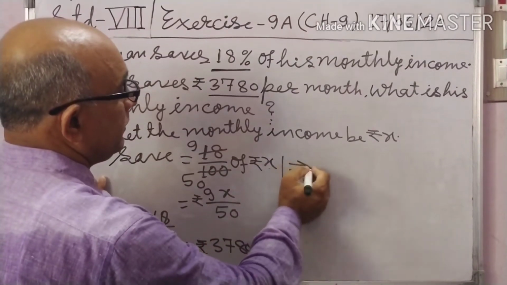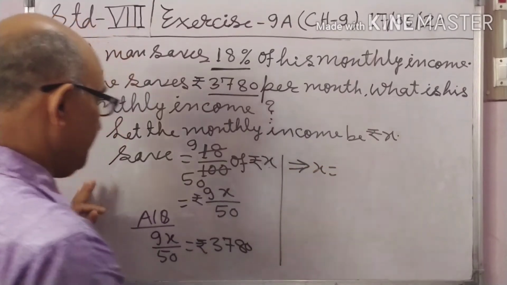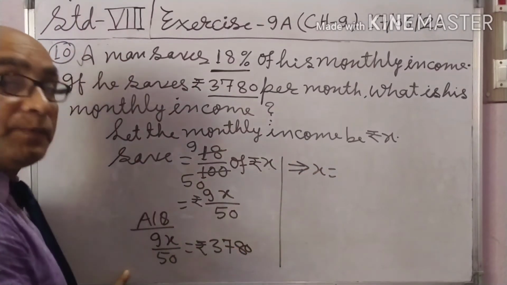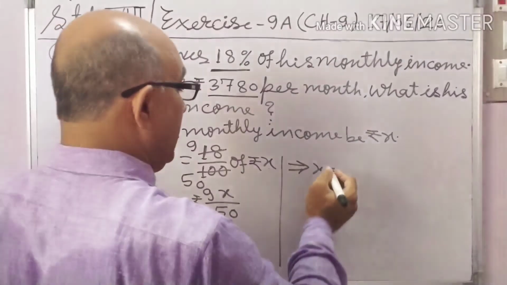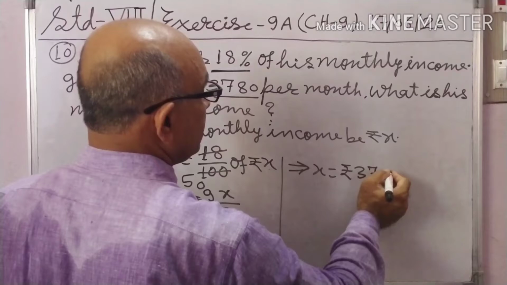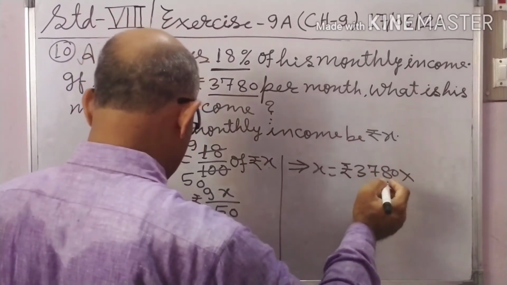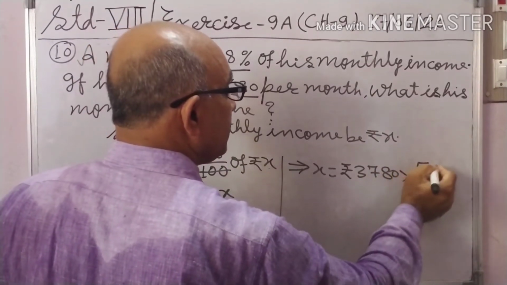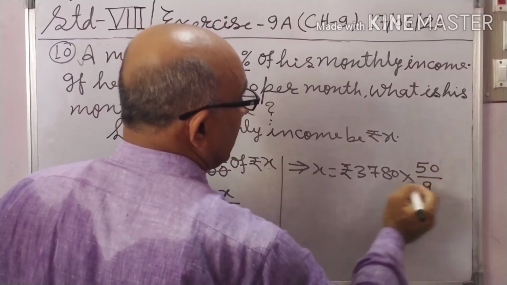Now that implies x equals 3780 multiplied by 50 by 9, by transposition 9 by 50 changes into 50 by 9. So rupees 3780 multiply 50 by 9.